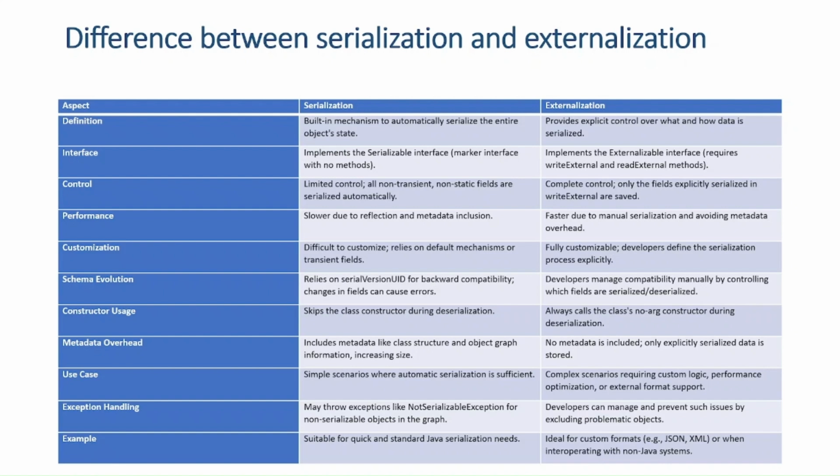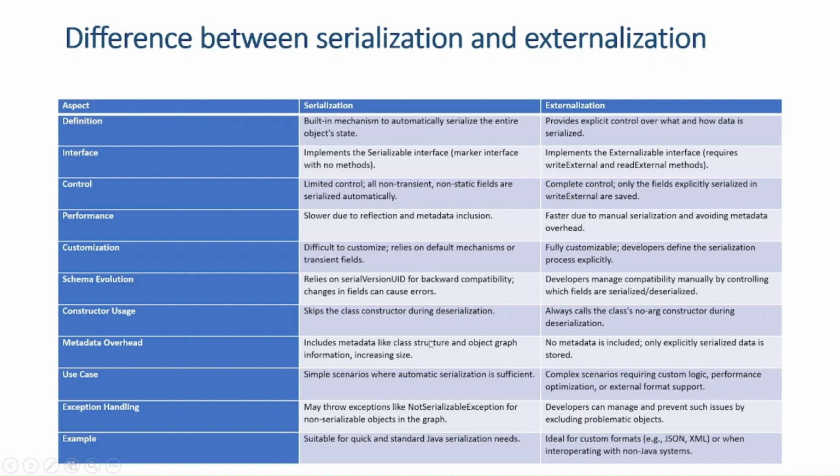This backward compatibility mechanism doesn't work in externalization, so you do not get such an exception if you are changing anything. If you are adding new fields, then during deserialization you can initialize these fields with default values or skip them altogether in case of externalization. And old serialized data can still be deserialized without referencing a removed field, as the deserialization process ignores them if they aren't explicitly read. So you do not get any exception in this case.